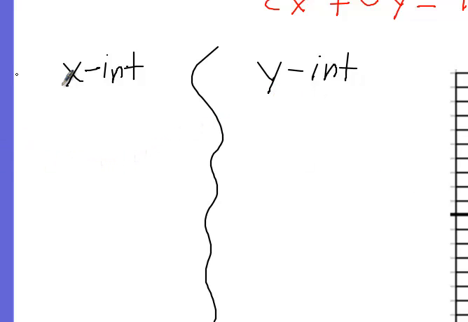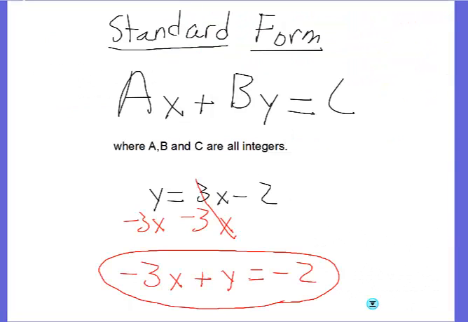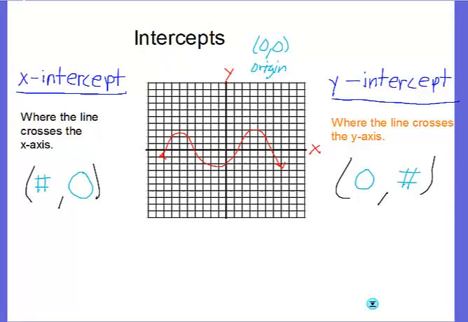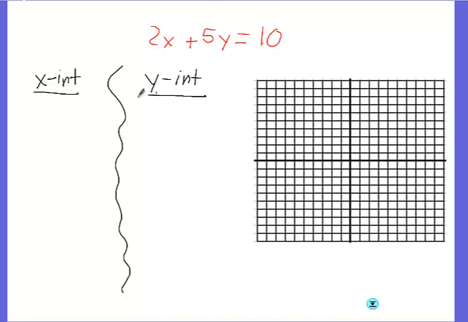Okay. The way you find intercepts, if you're given the equation of a line, goes back to the definition of the x-intercept and y-intercept. Okay, the x-intercept always has a coordinate of a number, comma, 0. So to find your x-intercept, you're going to take the number 0, substitute that in for y, and then solve for x.